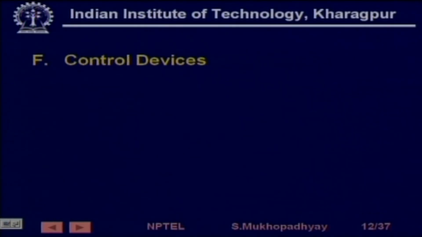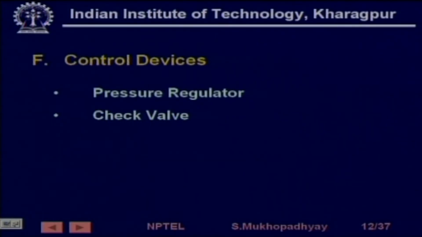Just like in hydraulics, there are various types of control devices which are also used here. So, you have pressure control devices like pressure regulators, and you have check valves, which allow flow in a certain direction and do not allow flow in the other direction. Then there are flow control valves. In this case they are mainly used to control the speed of motion.